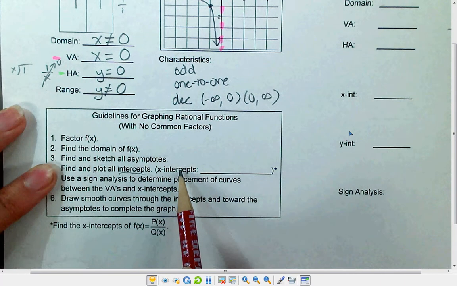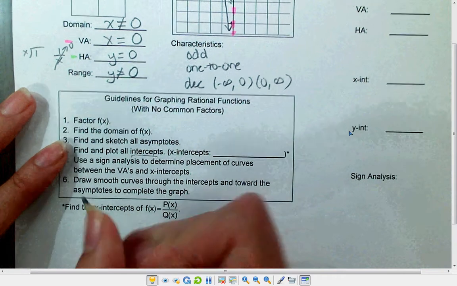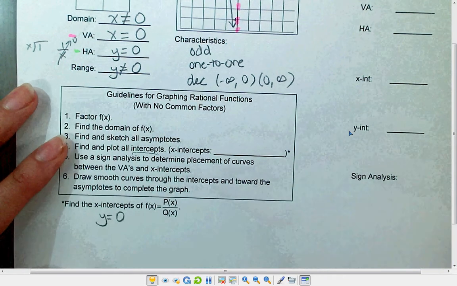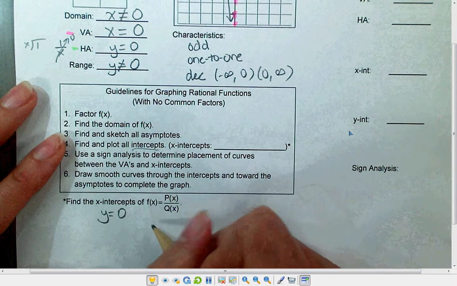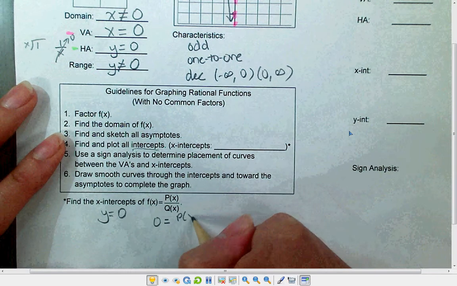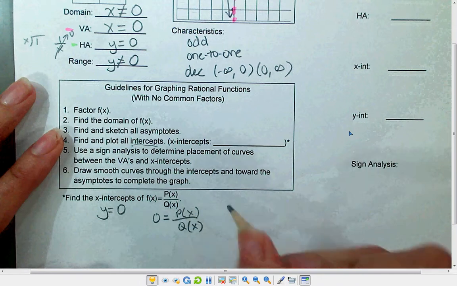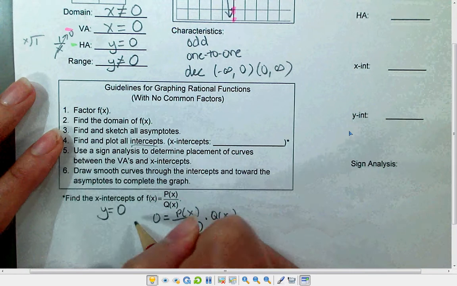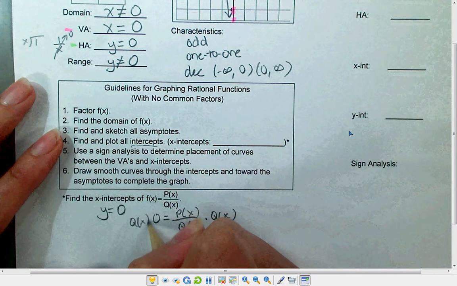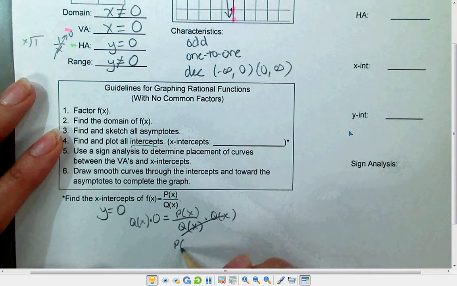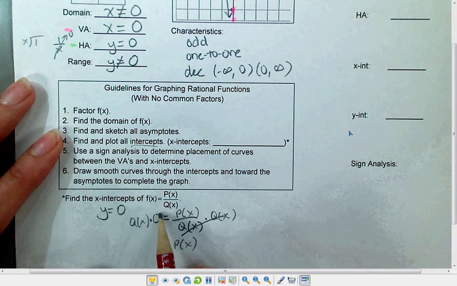For our x-intercepts, X-intercepts are actually when your y is equal to 0. So what we would do is plug in 0 for my f of x. We've done problems like this before. When you try to get rid of a fraction, we want to multiply by the denominator, and that just leaves you with the numerator. And what's 0 times anything?